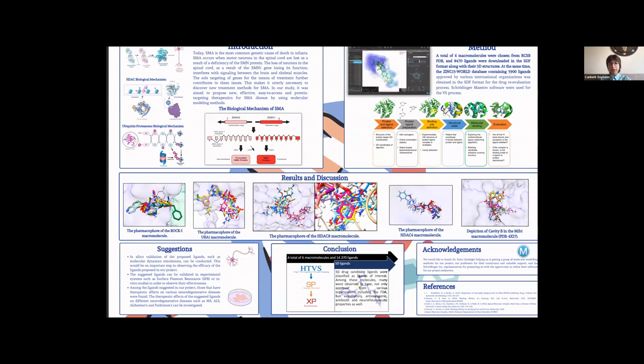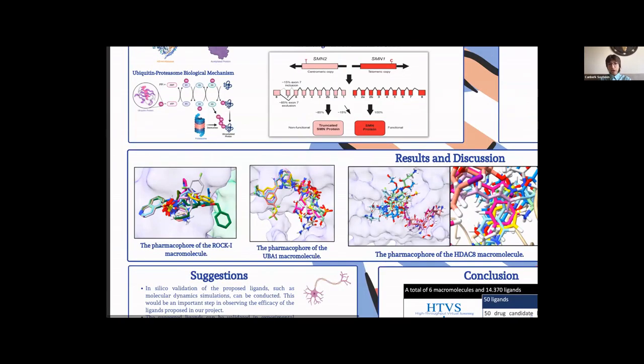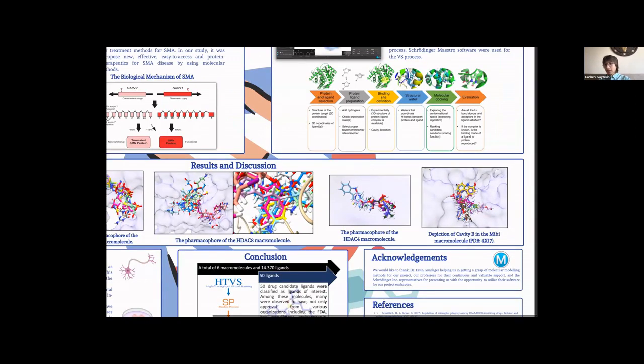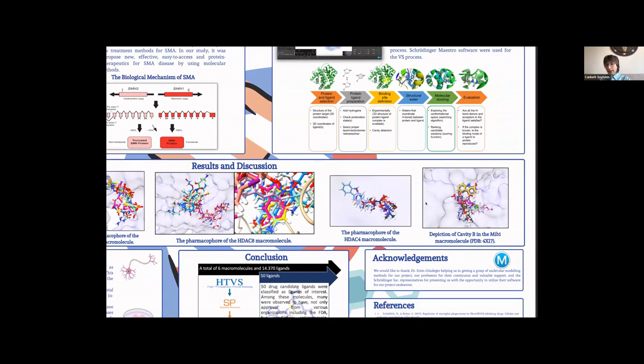After the virtual screening processes and the most feasible ligands were unraveled, we pharmacologically analyzed those. In the ROC1 protein ligand complexes, it was observed that the isoquinoline rings that you can see right here engaged in hydrogen bonding with the methionine 123 residue of the active site. Likewise, in the MIB1 macromolecule, as you can see right here, the carbazole heterocyclic substructures engaged in hydrogen bonding with the serine 225 residues as well.